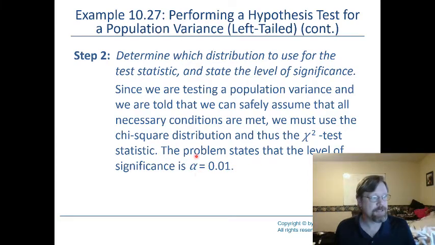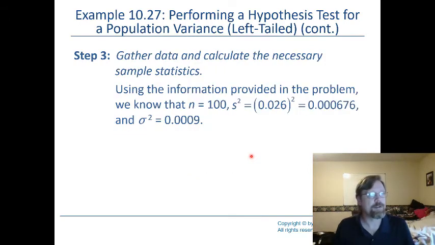Okay, let's gather our data and calculate the necessary sample statistics. We've got a sample size of 100, a variance of 0.026 squared, which is 0.000676, and a presumed population variance of 0.0009.